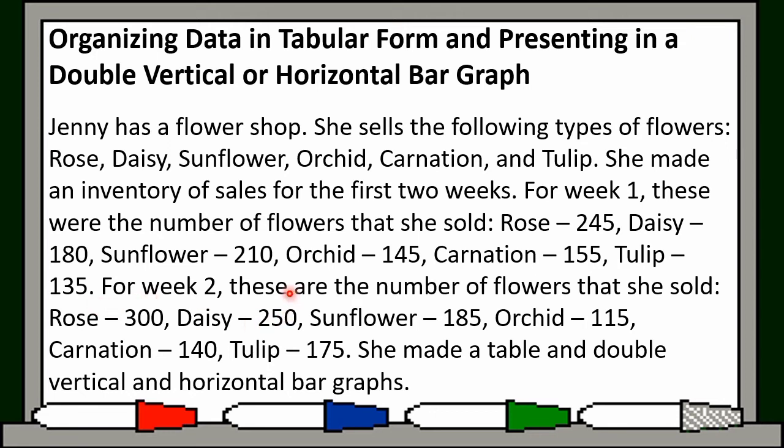For week 2, these are the number of flowers that she sold: rose 300, daisy 250, sunflower 185, orchid 115, carnation 140, tulip 175. So she made a table and double vertical and horizontal bar graphs.